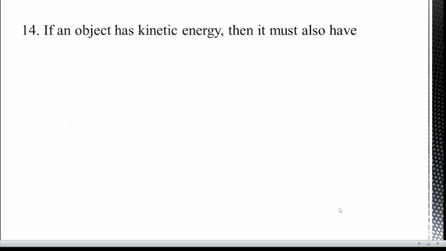Number 14. If an object has kinetic energy, then it must also have... If an object has kinetic energy, definitely the object must also have momentum, nothing else. No explanation required for this.